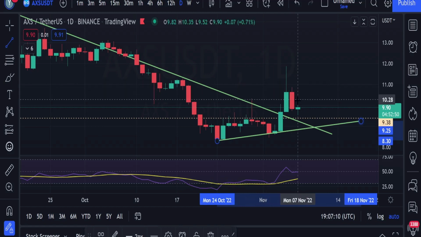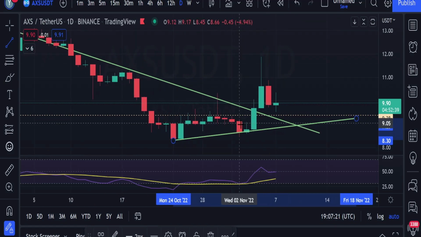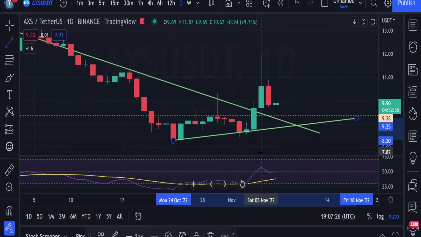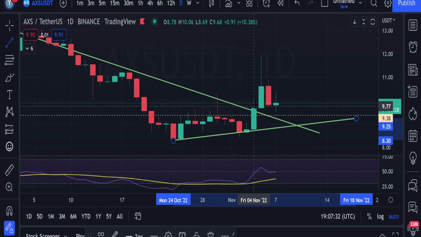So even in the worst case scenario, if you come back to test this trend line and you see a rejection of this trend line, how do you know a rejection of a trend line? You see, there's a big red candle that follows this trend line, right? And then instead of us continuing to follow, the price was rejected, and this big green candle already confirmed the rejection of this trend line, right?